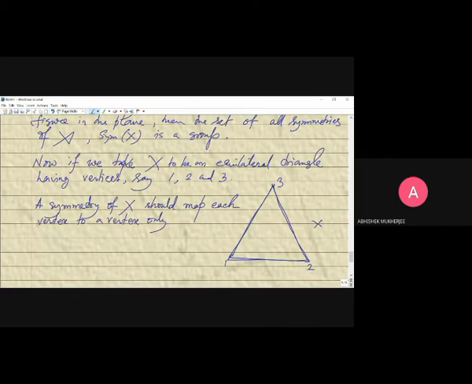Any symmetry will map, suppose you consider this vertex, then it will map to either 1 or 2 or 3, to preserve the distance.